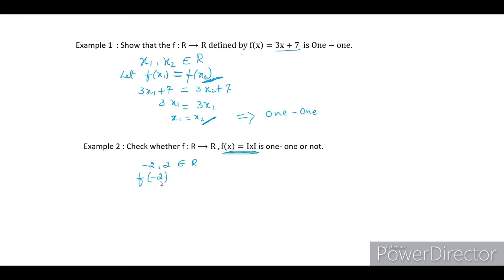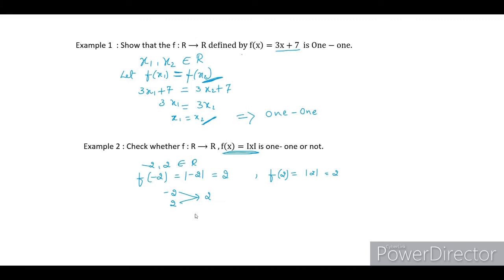So if I check the images, f of -2, the function is defined as modulus of x. So I am writing mod of -2. Mod of -2 is 2 only. And you check f of 2. Mod 2 is again 2. So we could understand that -2 and 2 both are mapped to 2 only.